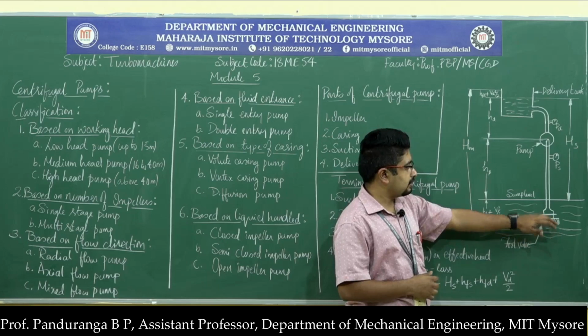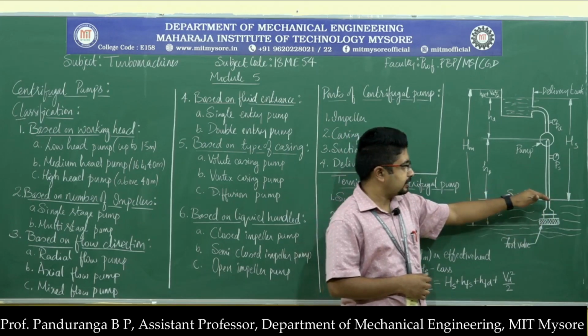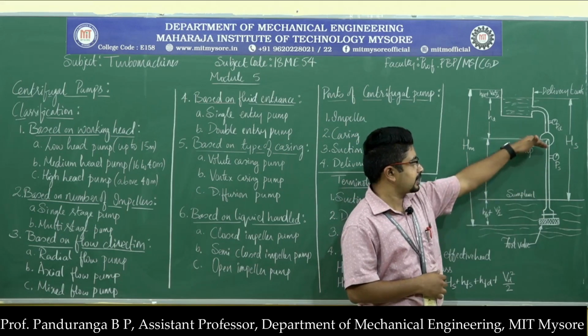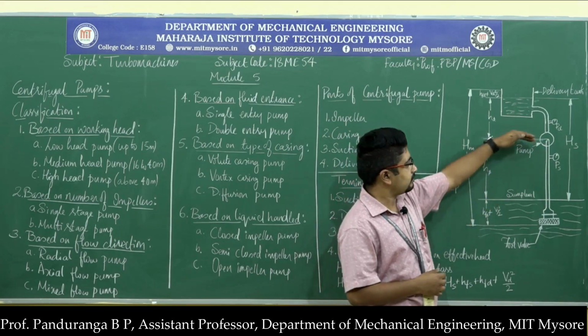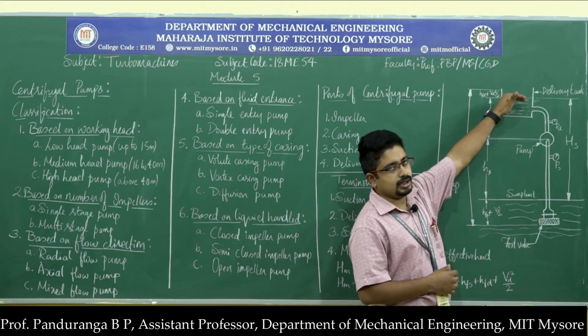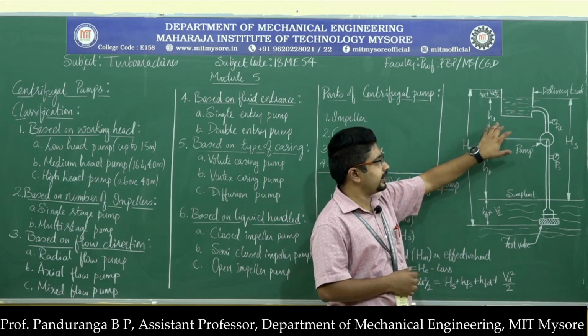Here we have the foot valve, then this is the sump level, and the height from the sump level to the center of the pump we call suction head, and from the center of the pump to the level of liquid in the delivery tank we call delivery head.